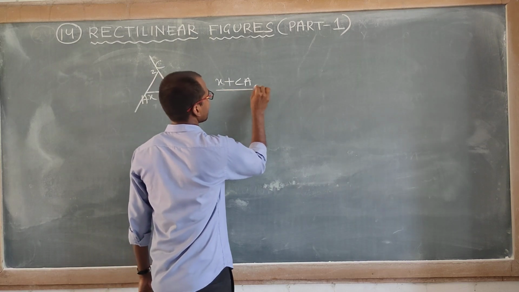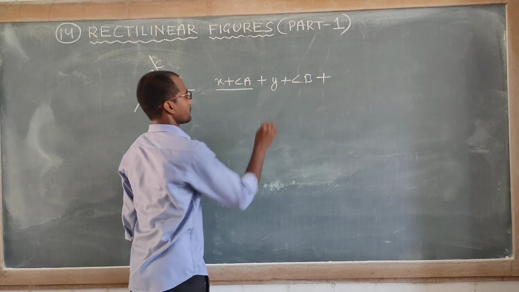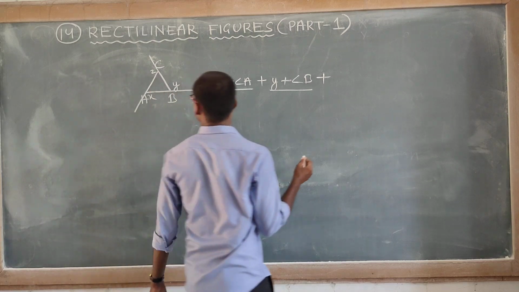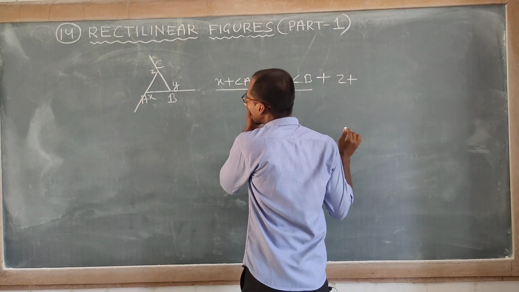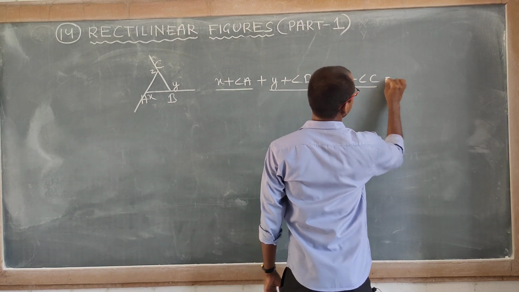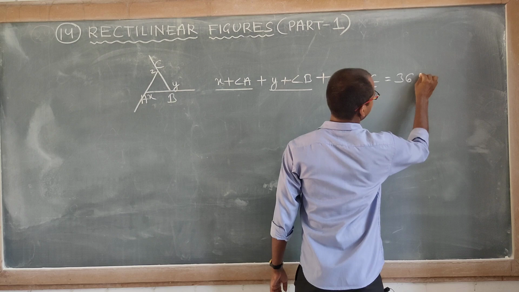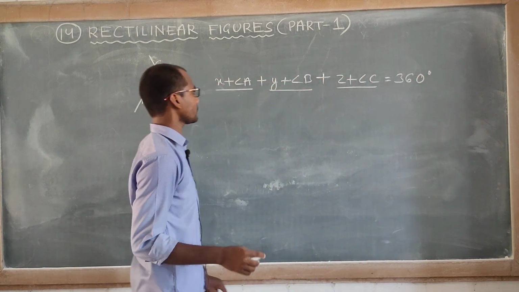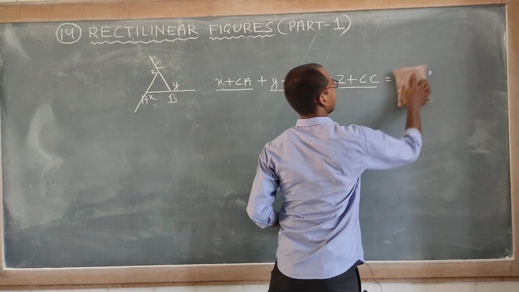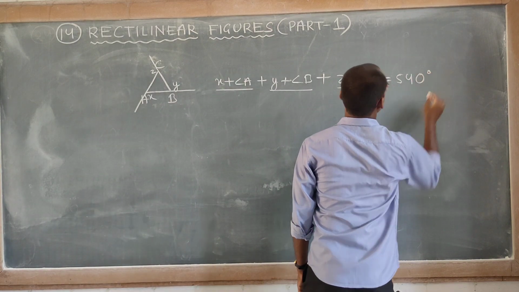So x plus angle A, plus y plus angle B, which will also be 180 degree because they form a linear pair, then z plus angle C, is equal to 180 plus 180 plus 180, that is, sorry, 540 degree.